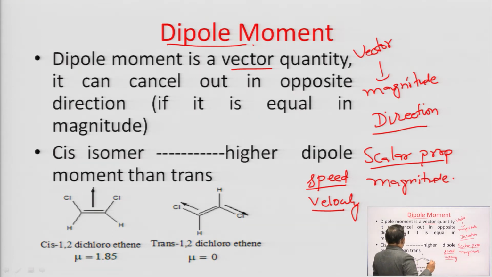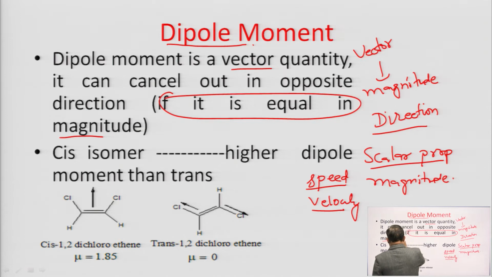So, it has both magnitude and direction. Now, how is it going to impact geometrical isomerism? If it is equal in magnitude, remember this is the necessary condition, the dipole moment must be equal in magnitude.